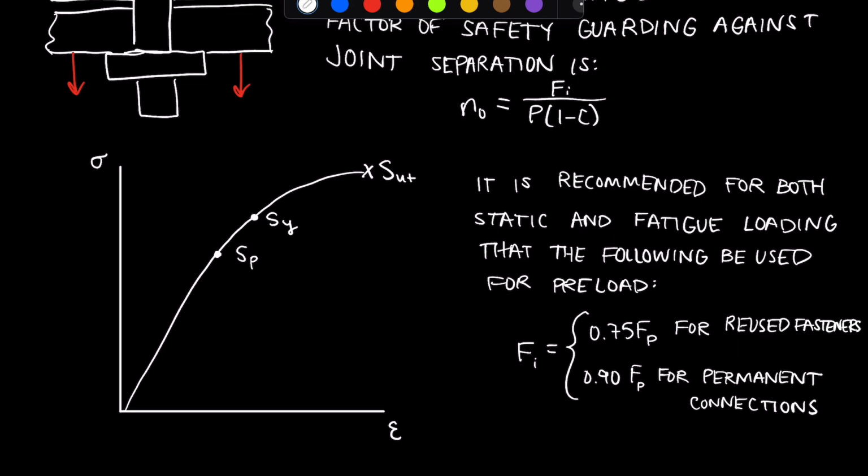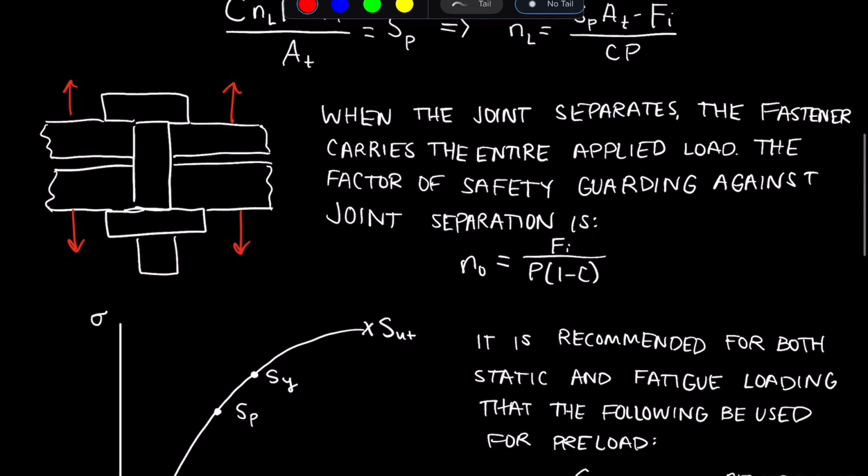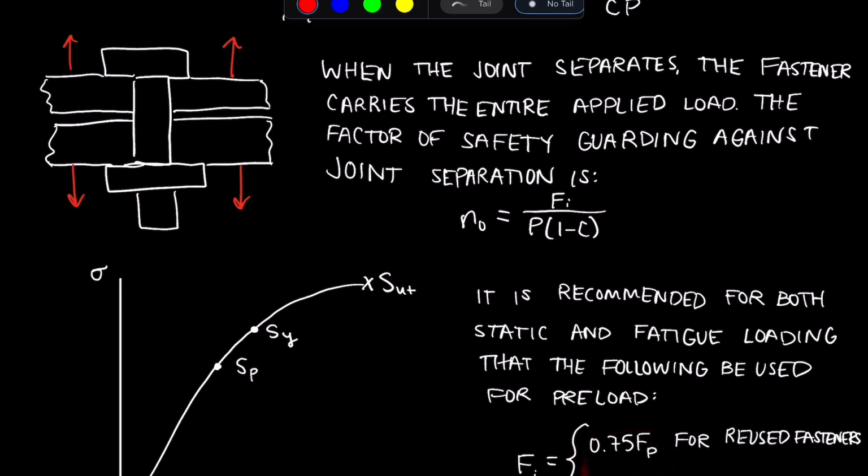Okay, so that covers most of what you need to know about the static loading of joints. We talked about the recommended value of preload for both reused and permanent connections, and then we used that preload in some safety factors that we developed for the static loading of joints. So notice that the higher this preload is, the higher your factor of safety will be guarding against joint separation, which of course has a limit.